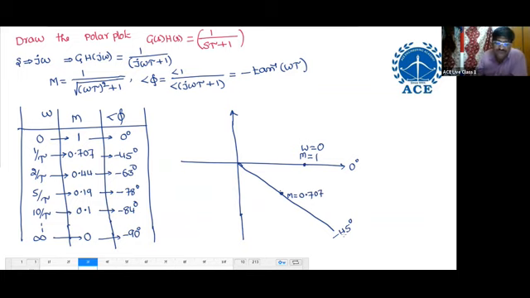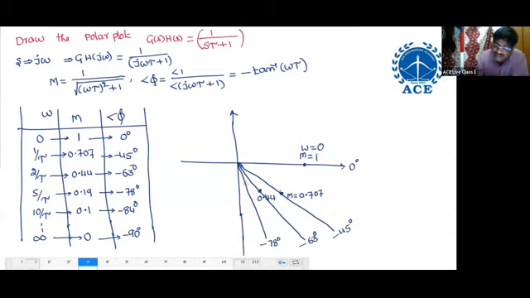Next, omega 2 by tau. What is the angle? Minus 63 degrees. You draw a line of minus 63. On minus 63 degrees, the magnitude is 0.44. Next, omega 5 by tau. The angle is minus 78 degrees.